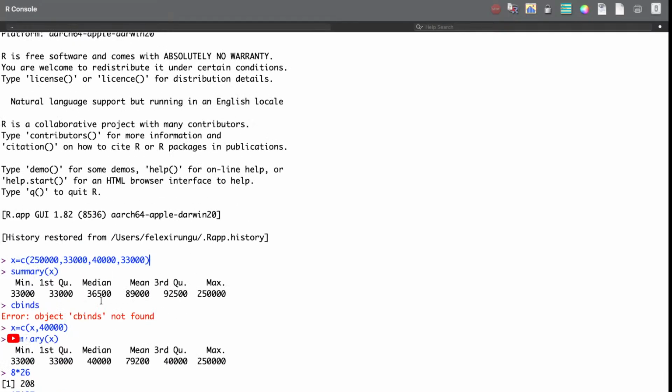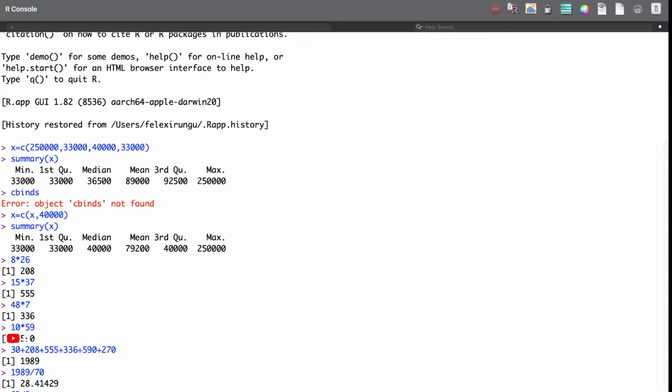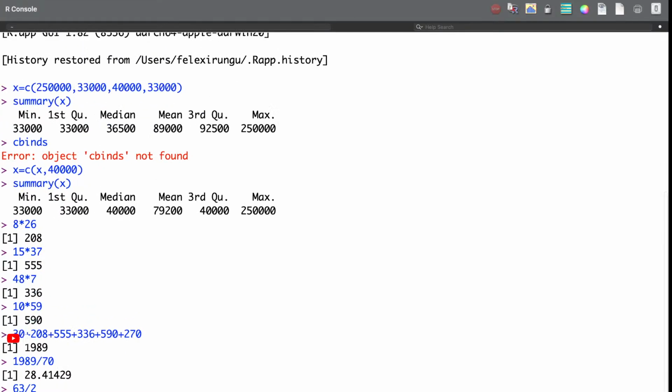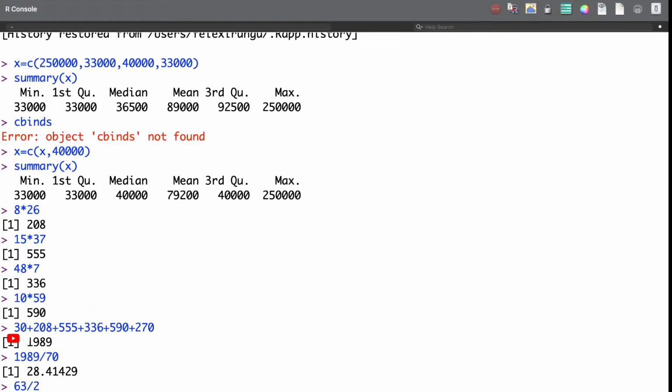Let me zoom in. So let us write it again: x is equal to a collection of 25k, 33k, 33k again, and 40k.